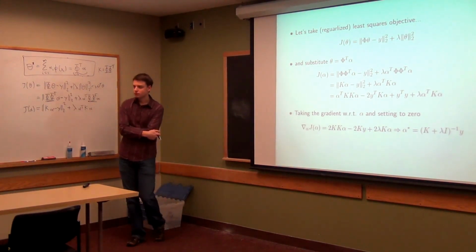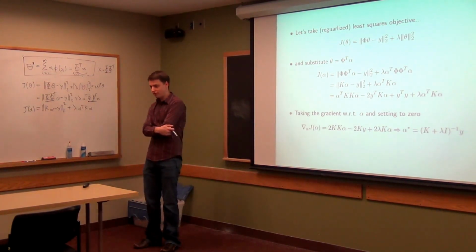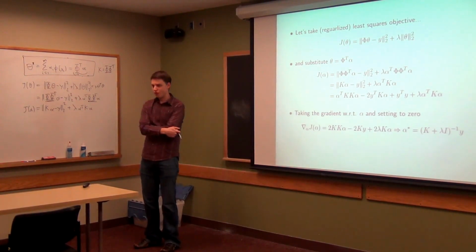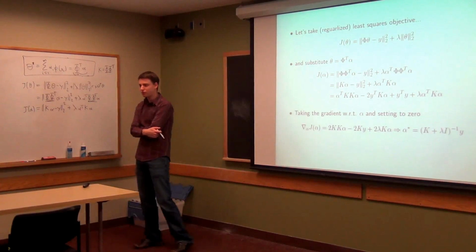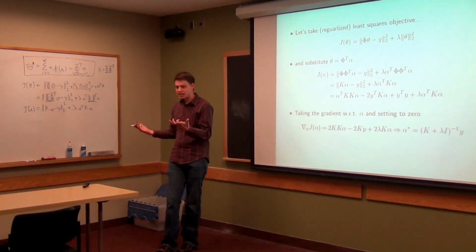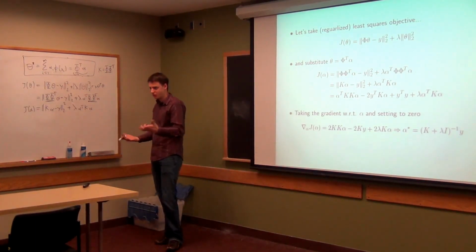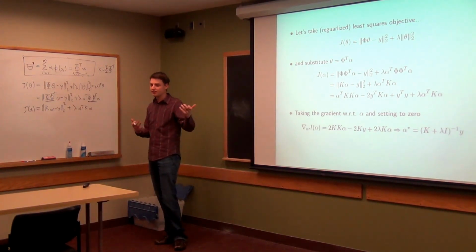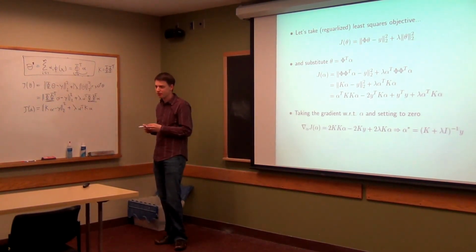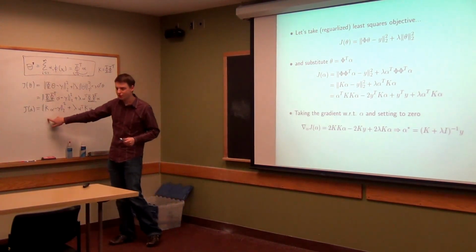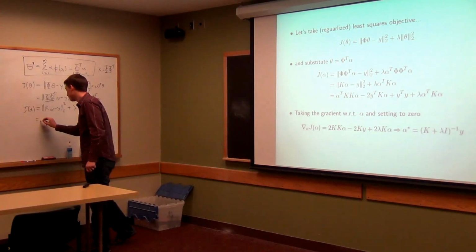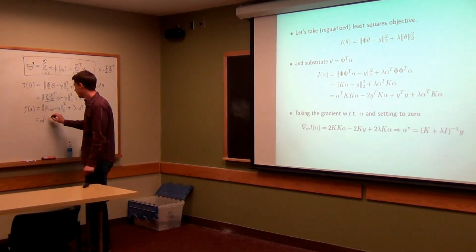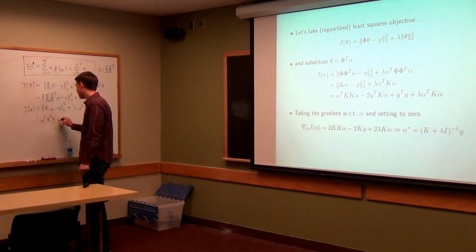Now let's just solve this, essentially. This is one of the cases where, because it's still least squares, you can still write the gradient, set the gradient equal to 0, as we did with the original least squares, and the solution will come out. So I'll expand this term. It's alpha transpose K transpose K alpha.